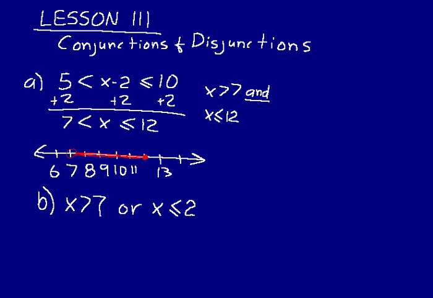Look at practice problem B. Let's graph that disjunction. x greater than 7 or x less than or equal to 2. So we'll just make a number line. Put some points on there.